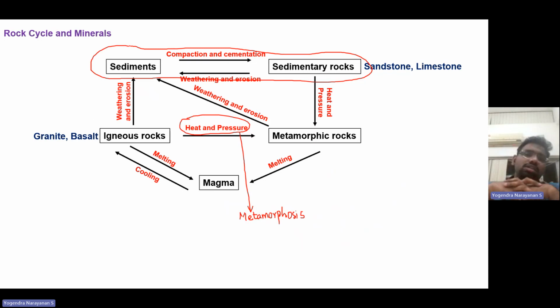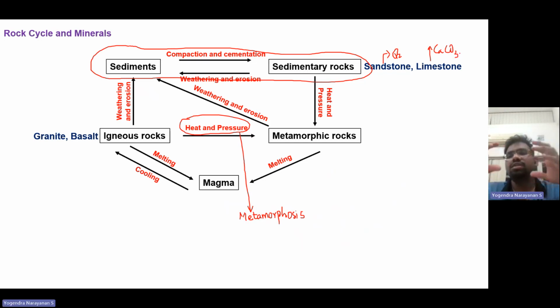Incidentally, my research work is also on these sedimentary rocks, the geomechanics of these sedimentary rocks, due to various processes. Sandstone is usually made up of quartz, and limestone is usually made up of calcite, that is calcium carbonate.